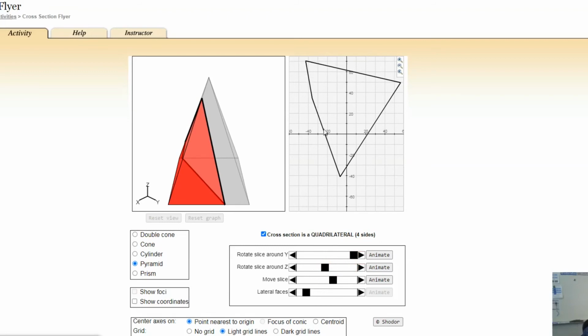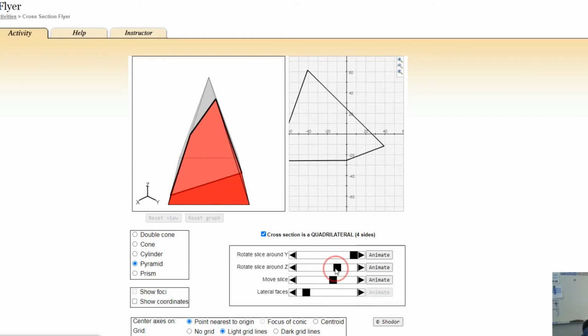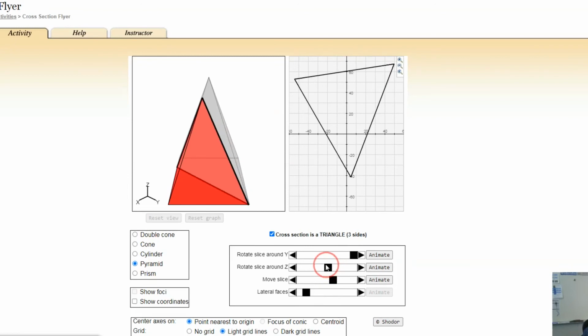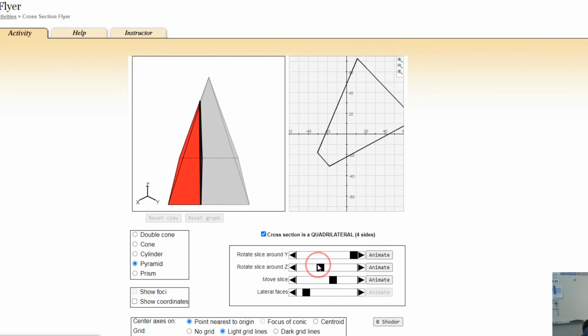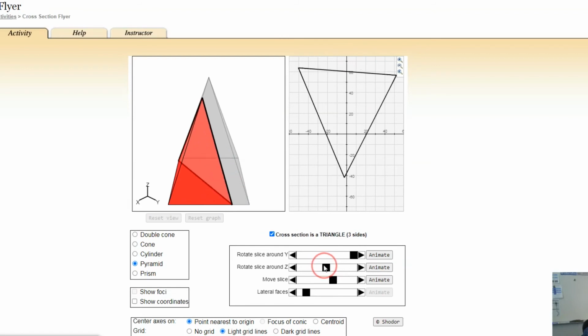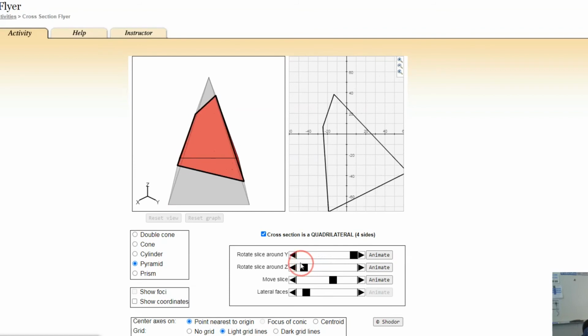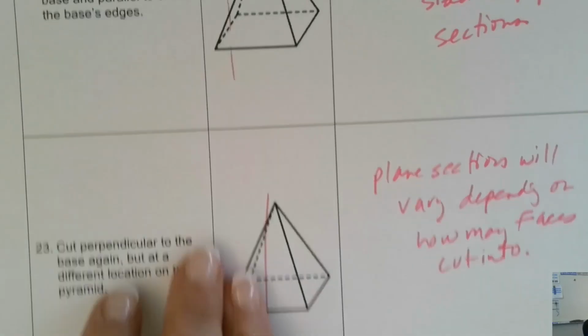I've got this quadrilateral, depending on where I slice through. Got a triangle, and then lots and lots of quadrilaterals. You can play here for that shape if you'd like to.